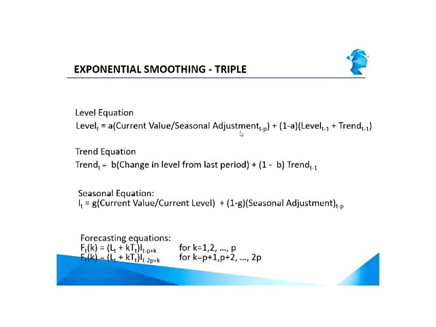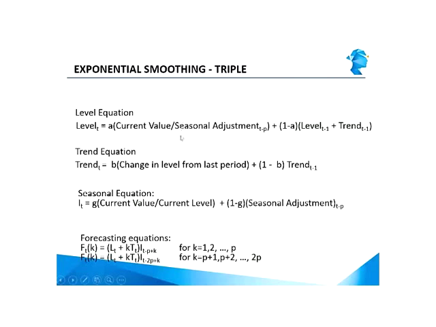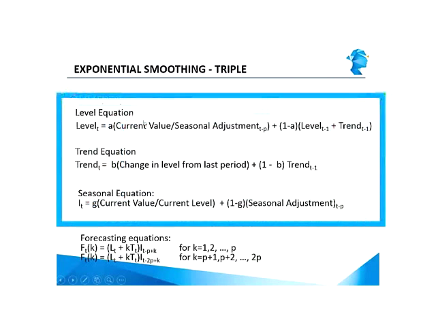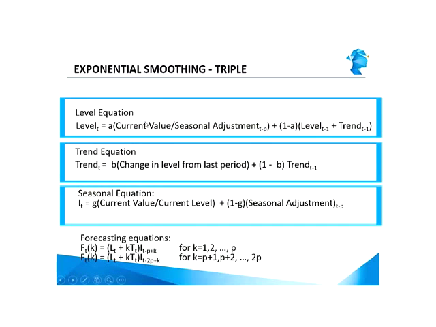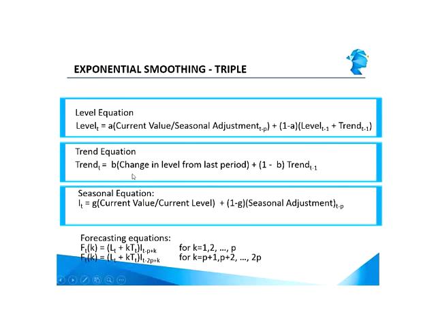Here's the last scenario, triple exponential smoothing, where we added in seasonality. Going through it once more quickly, you see three equations. The first smoothens the level, the second smoothens the trend, and the third smoothens the seasonality. Each requires a different smoothing factor: the first alpha, the second beta, and the third gamma.